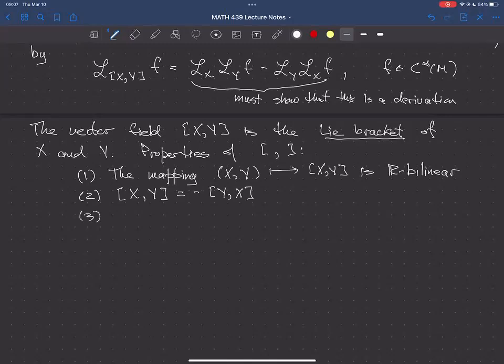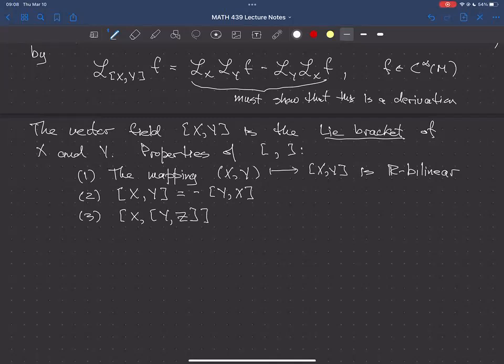And then it satisfies some peculiar identity, which is nonetheless extremely important, but for reasons which we won't be able to get around to in this course. It satisfies an identity like this: [x, [y, z]].